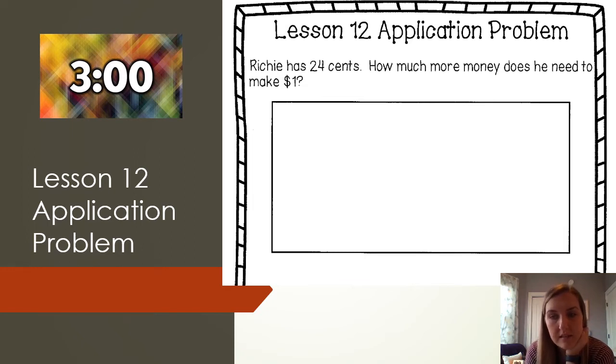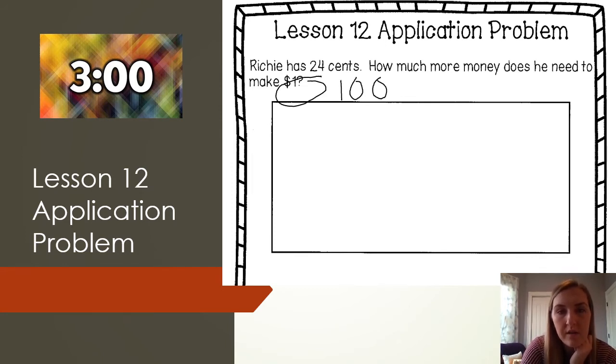So $1 is the same as how many cents? $1 is the same as 100 cents. Richie has 24 cents. How much more money does he need to make 100?